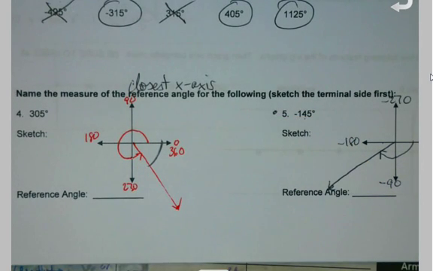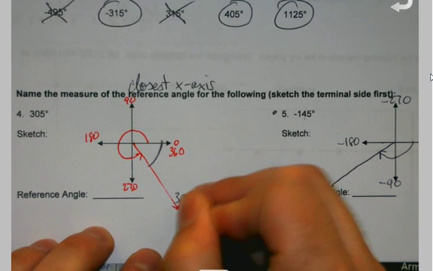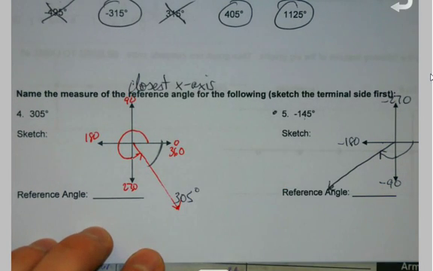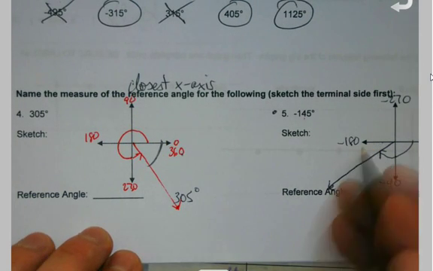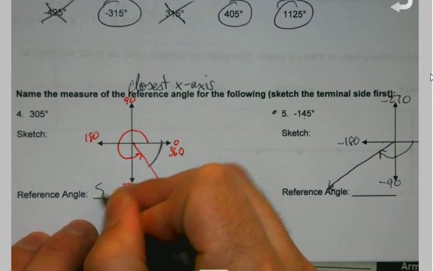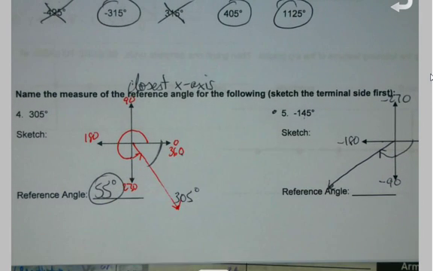Finding what's left. Yes, you're saying if this is 305 to here, and the closest x-axis I can get back to is 360, it's 360 minus 305. So my reference angle would be 55 degrees. But it's got to be the closest one.